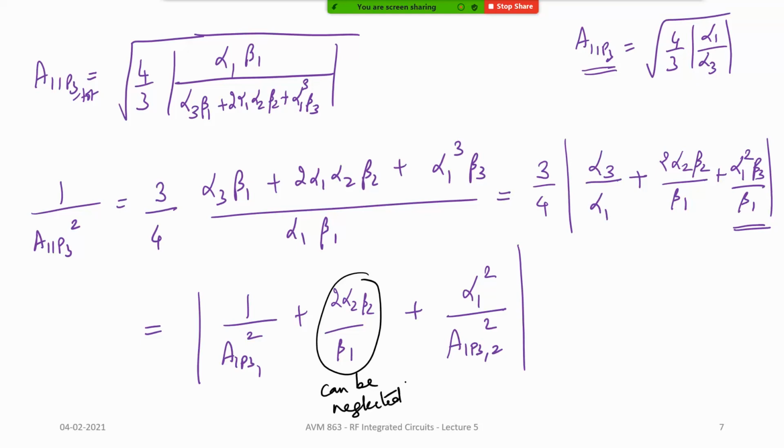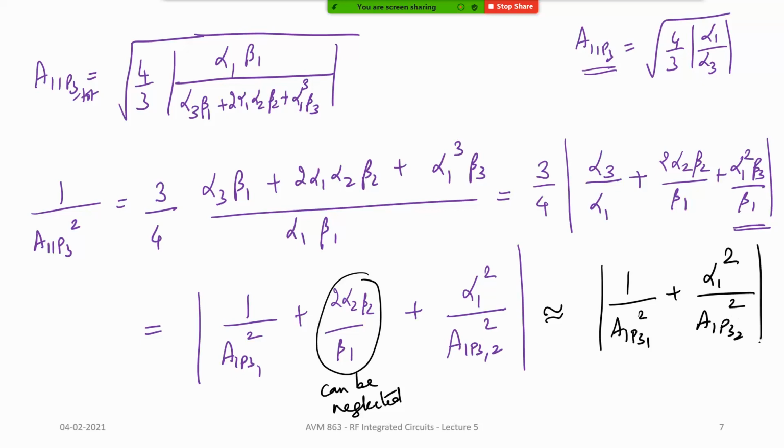Okay, the contribution of this term is fairly less, and therefore approximately this can be written as 1 by AIP3 1 squared plus alpha 1 squared divided by AIP3 2 squared. All right, so can we see some kind of a pattern here?